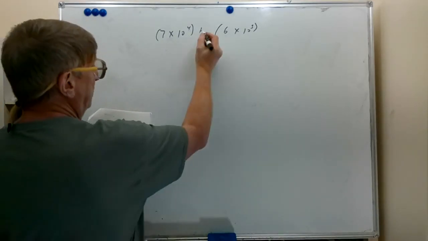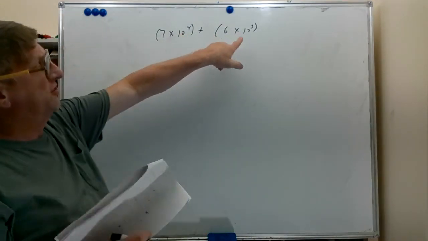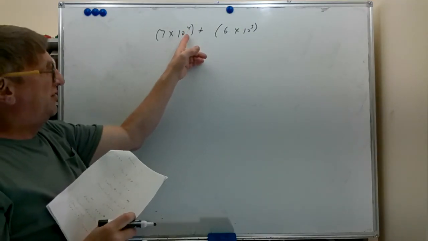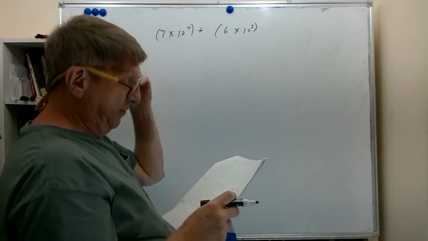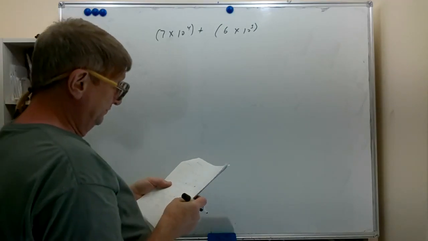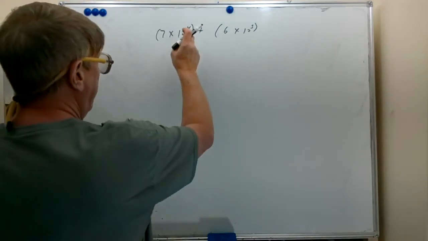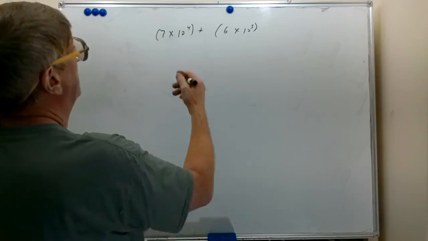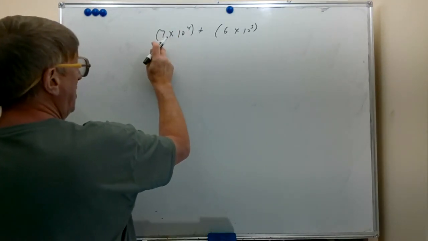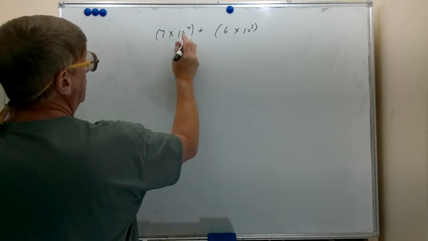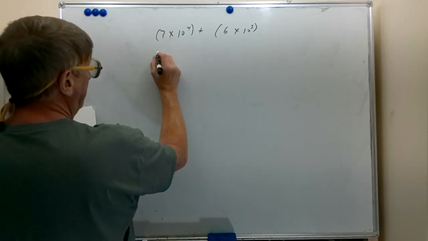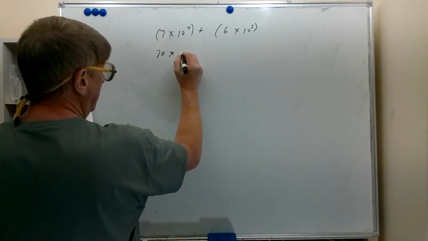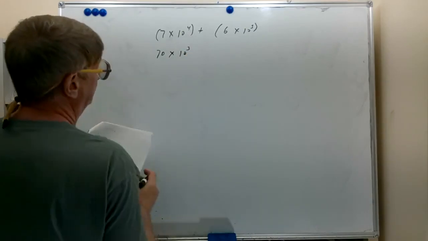So we have a choice. We have different powers of 10. We can change this one to a 3 or change that one to a 4. Let's go ahead and change this to a 3. We're making that smaller, so we got to make this larger. So instead of 7 times 10 to the fourth, we have 70 times 10 to the third.